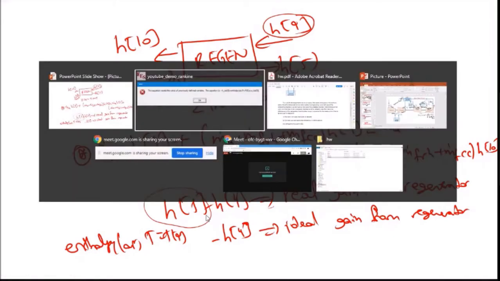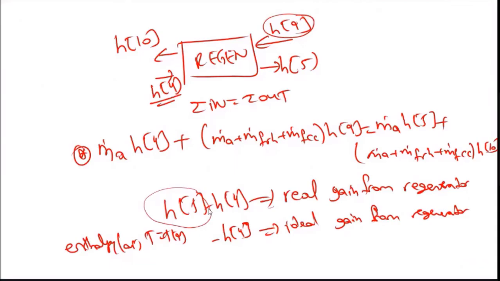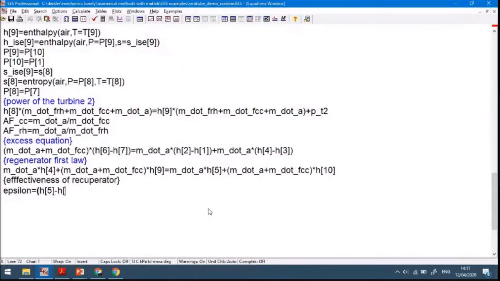Therefore, this will be the ideal, and this is the real, and the ratio will be the effectiveness of the recuperator. Let's write it. So epsilon of the recuperator will be equal to, first upstairs, H5 minus H4, divided by enthalpy of air at T equals T9 minus H4.